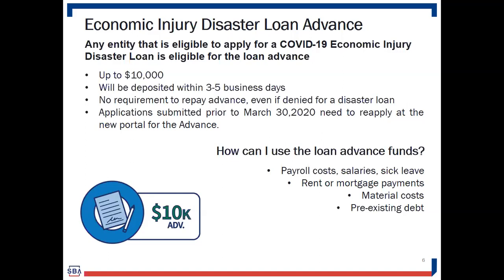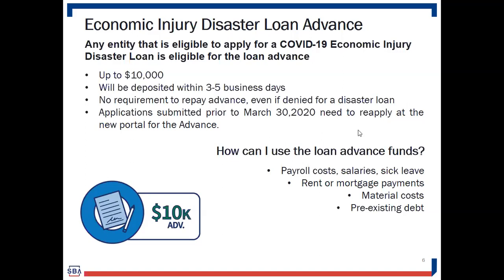So things like keeping your inventory in stock, or if you're closed, but you've got pre-existing debt, like if you have a piece of equipment that you're making payments on, your accounts payable, those would be the uses of funds for this particular program. And for the EIDL advance, you will have until December 31st to apply for the program.